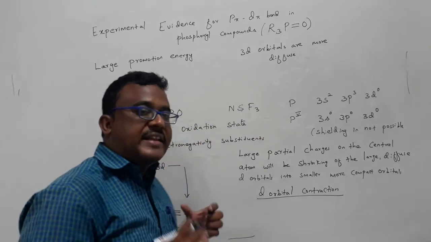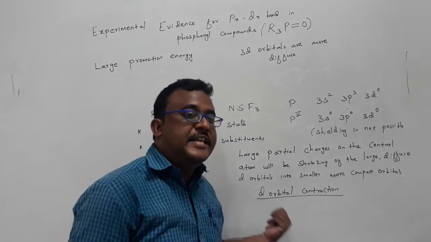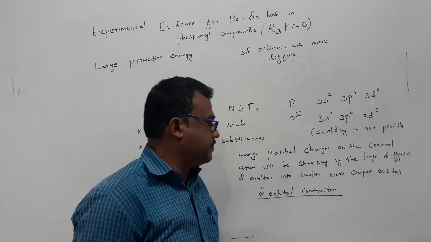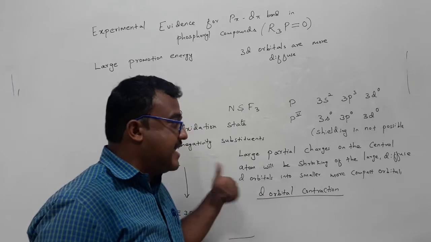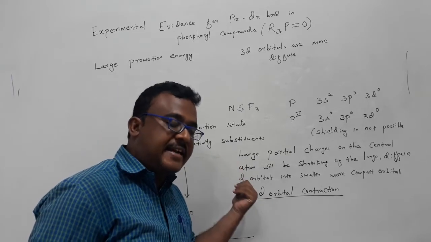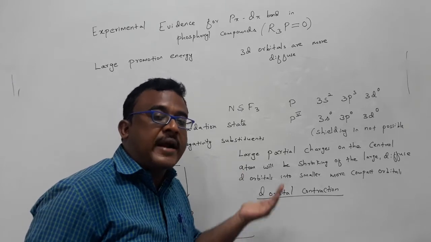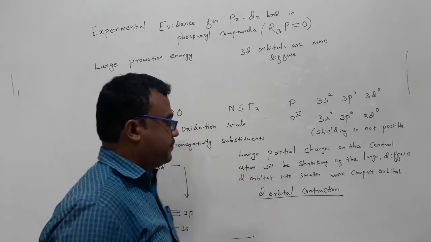The size of the d orbital is decreased, so that is called d orbital contraction. The d orbital contraction happens because of the high positive charge present on the central atom as well as the electronegative substituents present on the central atom.